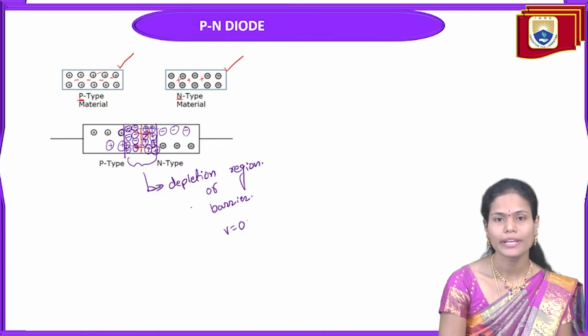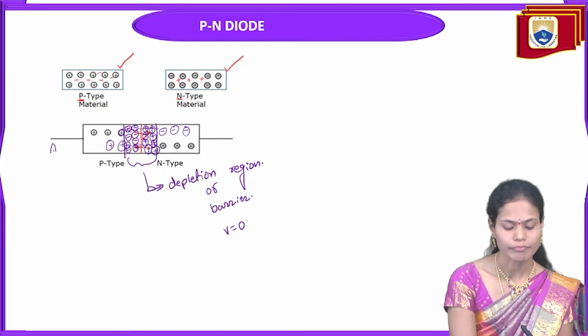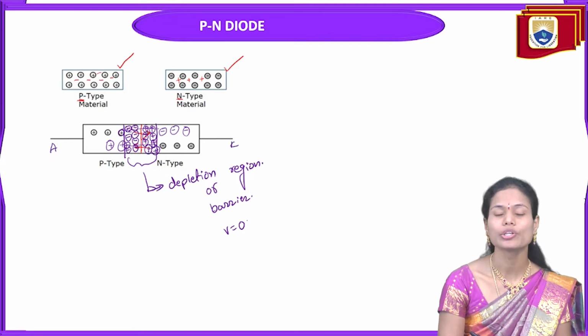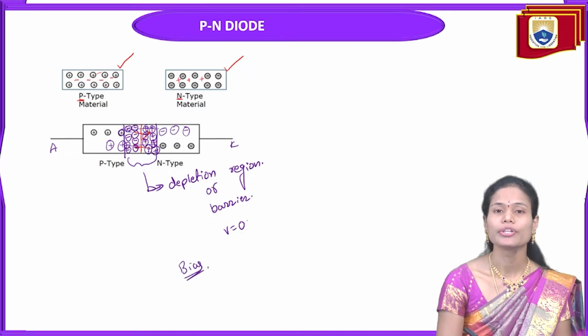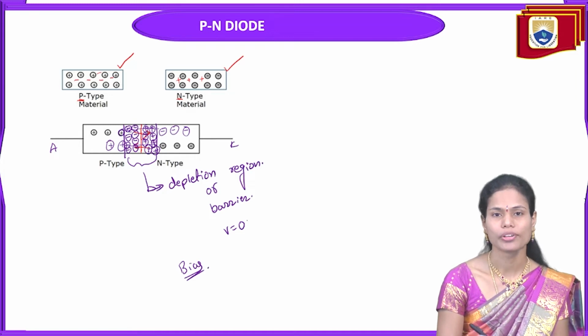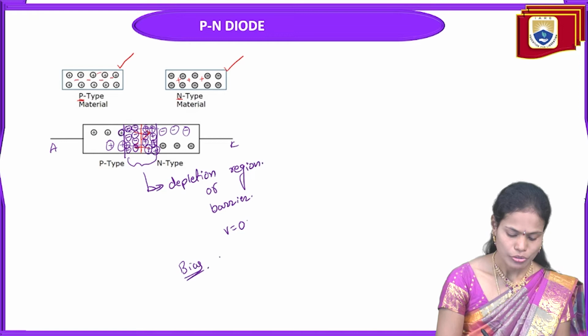In order to make this device go into conduction mode, we need to apply biasing to this circuit. So what does biasing mean here? We need to provide some external voltage to the device in order to make it conduct and operable.